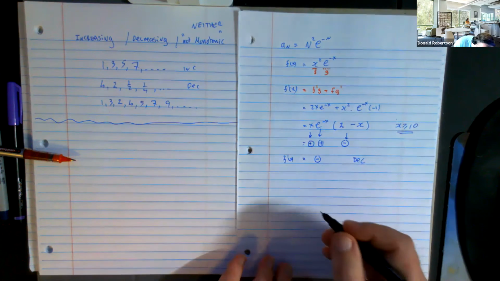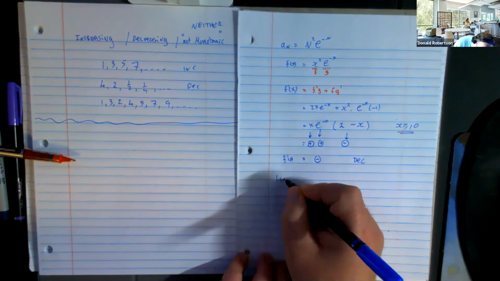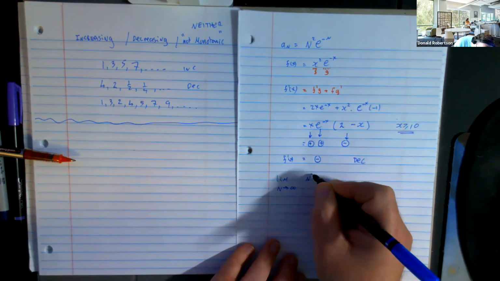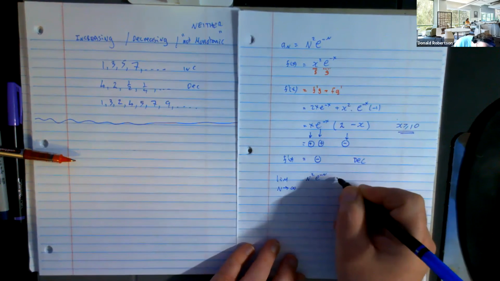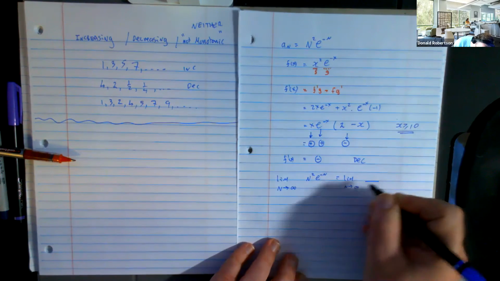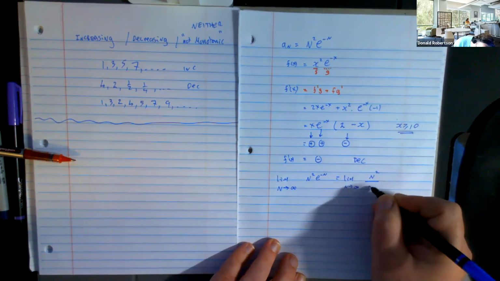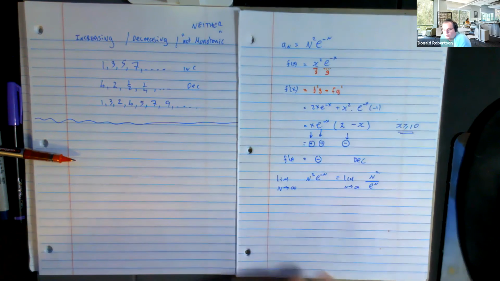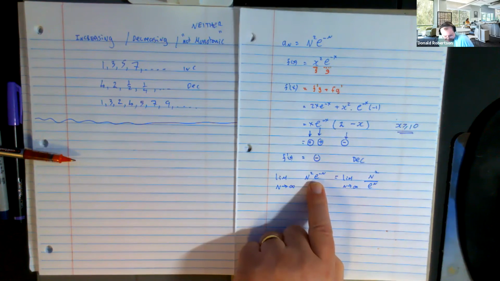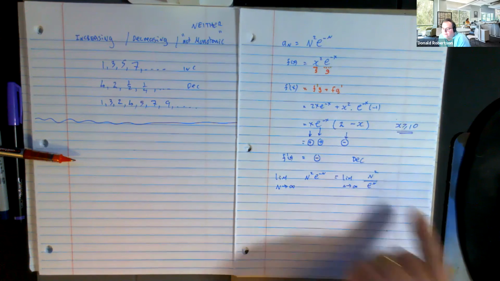Now, let's do the bounding. Is it bounded? And I am going to change how this fella looks. Why am I rewriting that guy in this form?